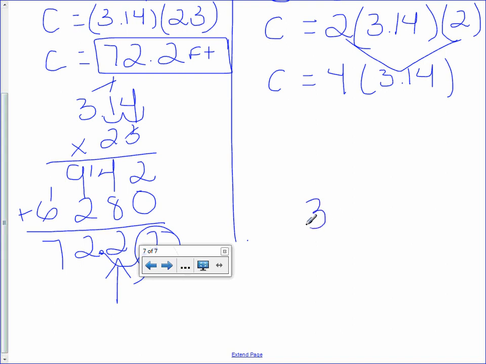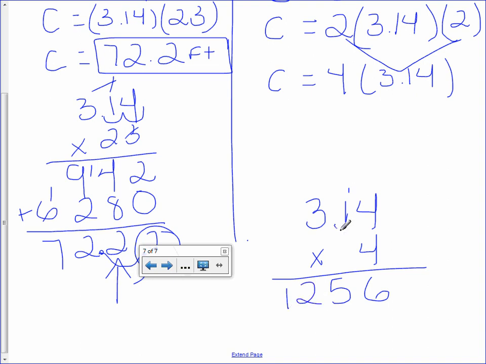So let's multiply. 3.14 times 4. 4 times 4 is 16. Carry the 1. 4 times 1 plus 4 is 5. And 4 times 3 is 12. In this case, I have 2 behind the decimal point, so 12.56.